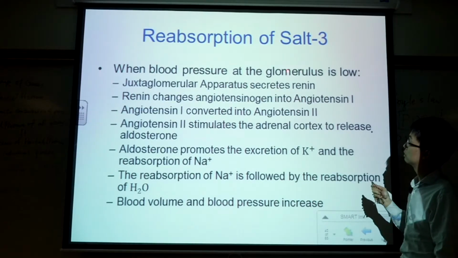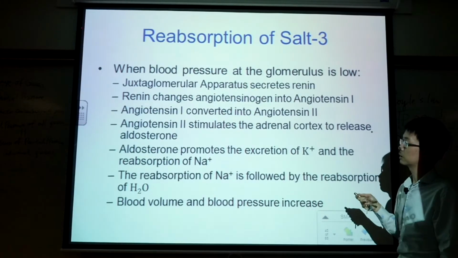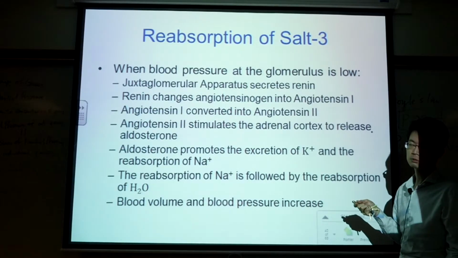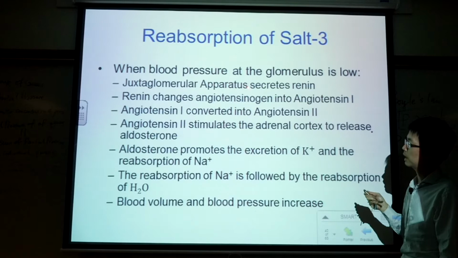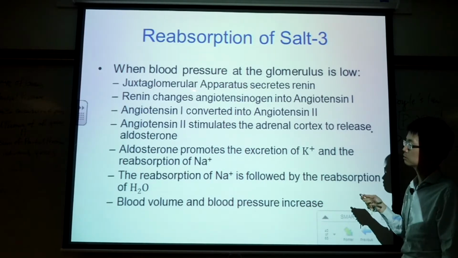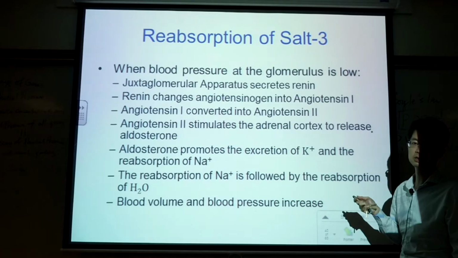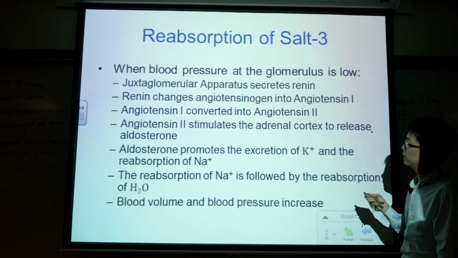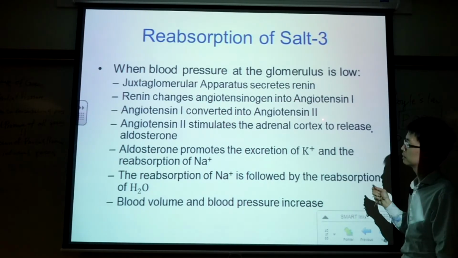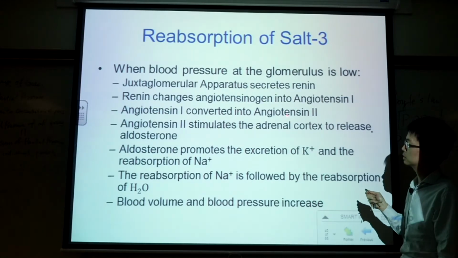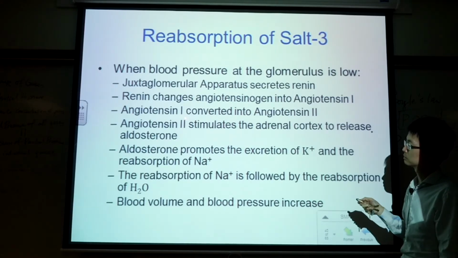So what happens is that when your blood pressure is low, because you may lose a lot of blood volume, a drastic decrease of blood volume, then the juxtaglomerular apparatus secretes renin. Again, this juxtaglomerular apparatus is located in the kidneys. Then renin converts angiotensinogen into angiotensin 1. Angiotensin 1 becomes angiotensin 2. And then angiotensin 2 stimulates the adrenal cortex. See, I told you that it is the adrenal gland that secretes aldosterone.